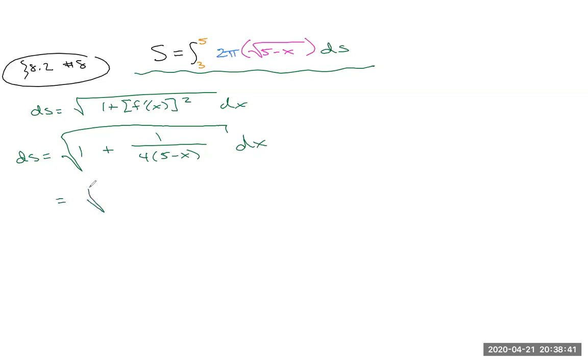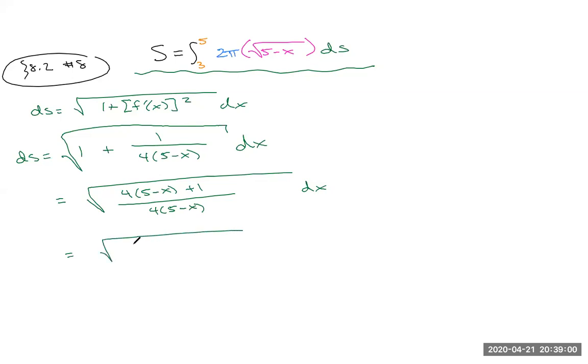So that would be 4 times 5 minus x plus 1 in the numerator, all divided by 4 times 5 minus x, dx outside. And then that's going to be square root 20 minus 4x plus 1 over 4 times the quantity 5 minus x dx, which equals root 21 minus 4x over 4 times 5 minus x dx.